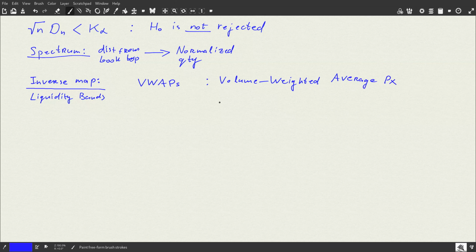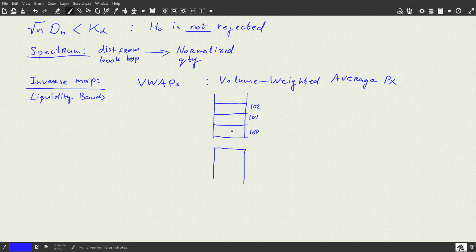How is it constructed? Suppose that we have an order book. It is constructed separately for bids and asks. So for example, we have some kind of price, for example, 100 here, 101, 102.